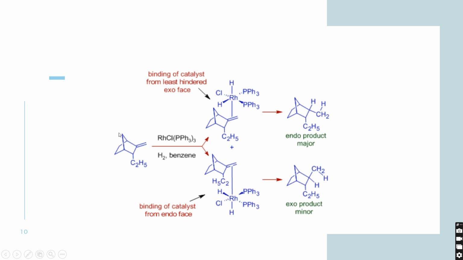Whereas on the above face, only one carbon of the bridge is lying, or you can say the exo face. This is why the catalyst will preferably bind to the double bond from the exo face, which is the above face.